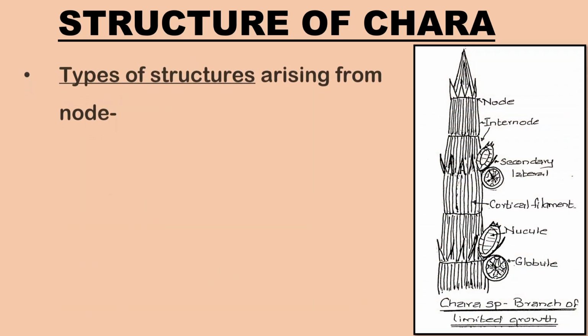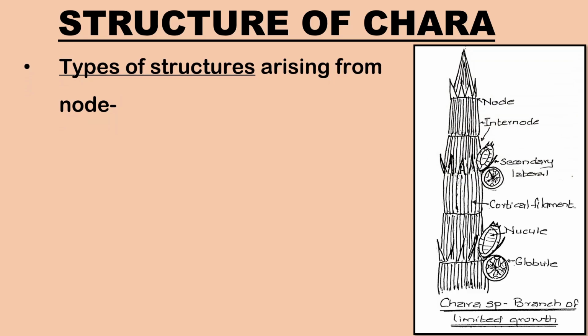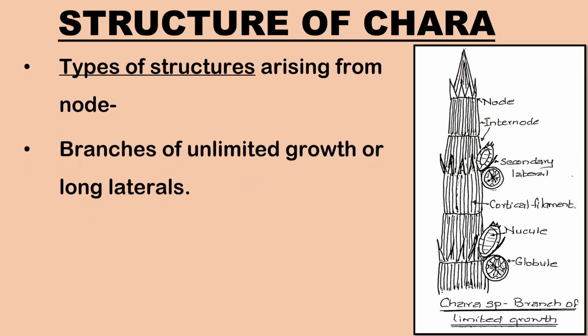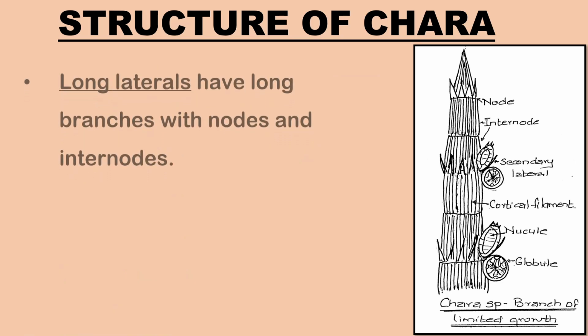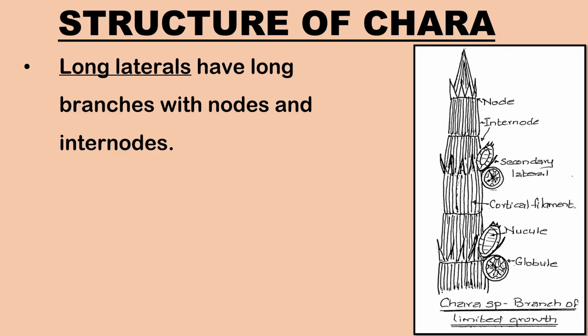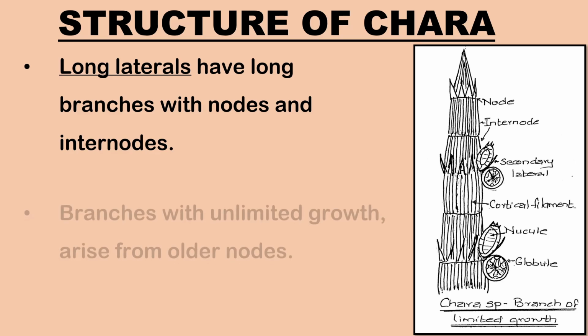Three types of structures arise from the node. They are branches of unlimited growth or axillary branches or long laterals, branches of limited growth or primary laterals or branchlets, and stipulodes. The long laterals have long branches with nodes and internodes.